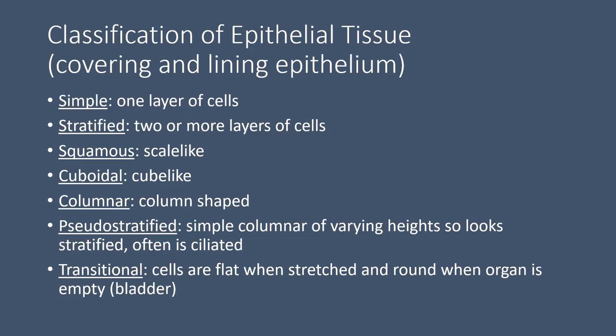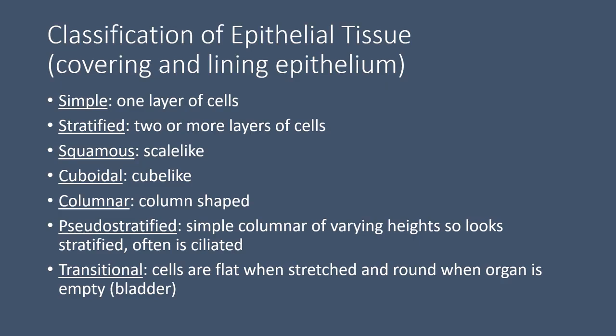So how do we classify epithelial tissue? You classify it according to how many layers it has, whether it's a single layer or multi-layered, and then what the cells look like. First, if it's only one layer thick, it is called simple epithelial tissue.